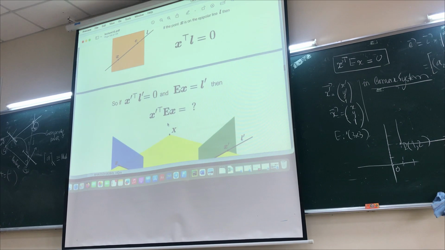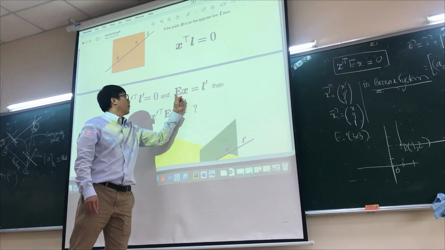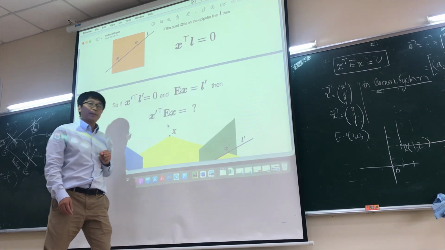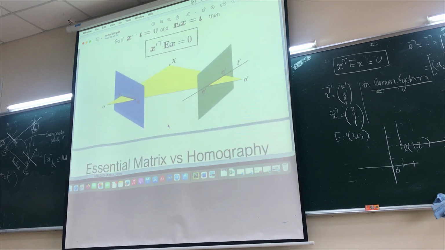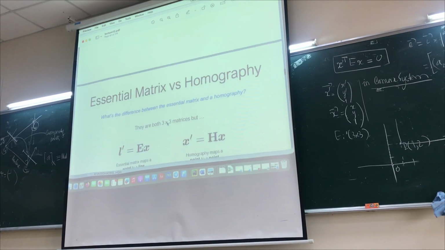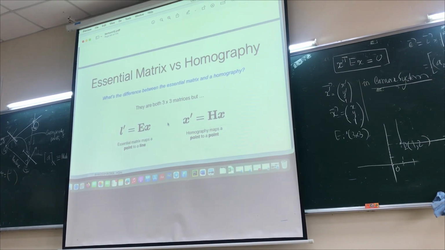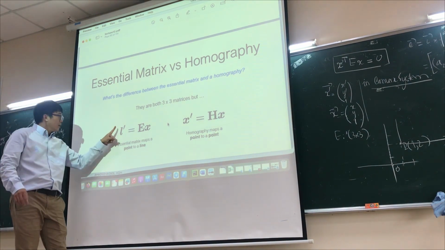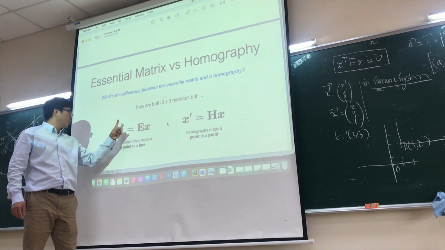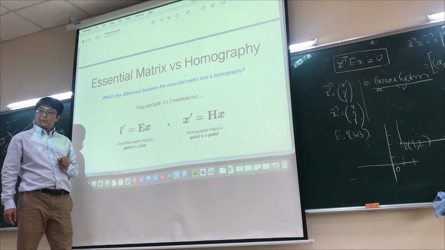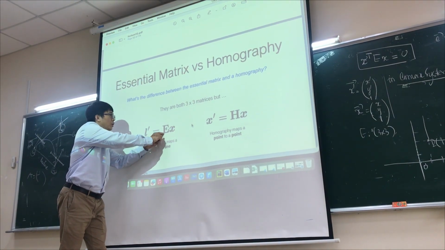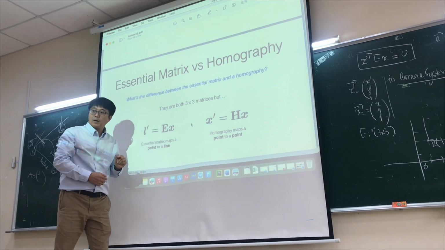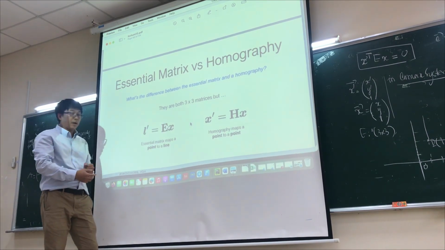You just multiply S with E to get the epipolar line. And similarly, the other side is like that too. So here, the application: E multiplied with S equals L. If that is L, that is equal to S prime multiplied with S.